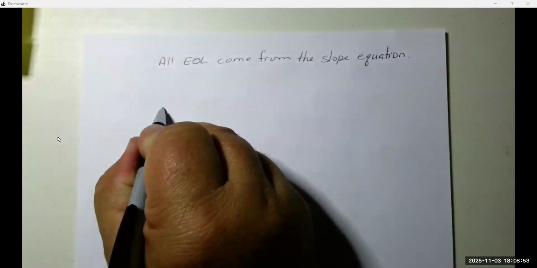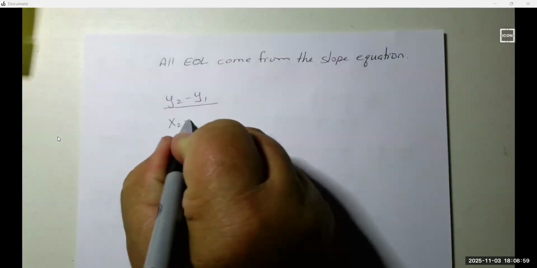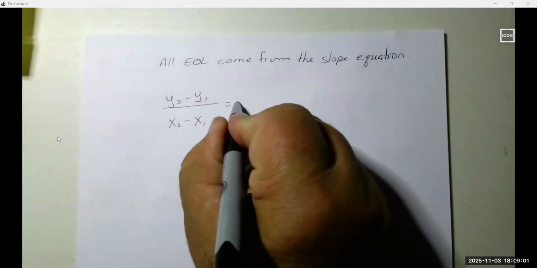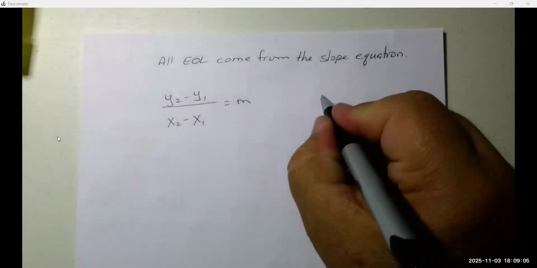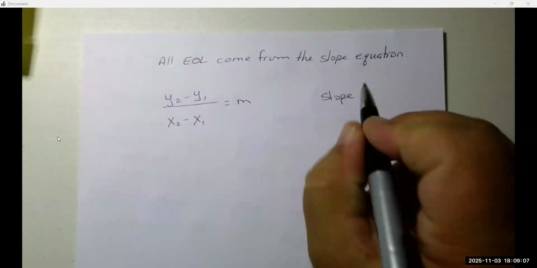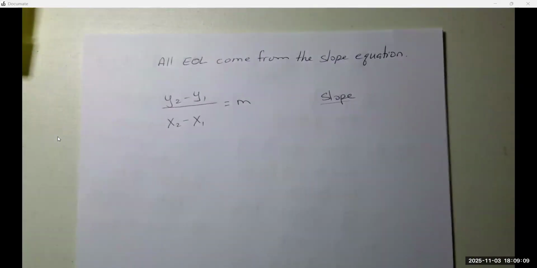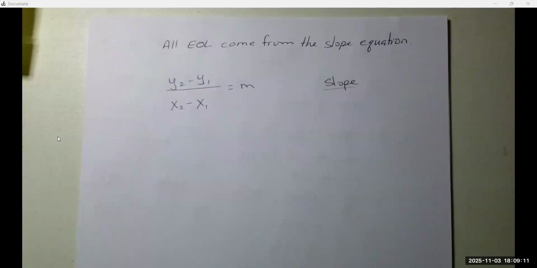Let's remind what the slope equation was. It was y2 minus y1 over x2 minus x1 equals the slope. So that's the slope equation. Let's start deriving all of the equations.